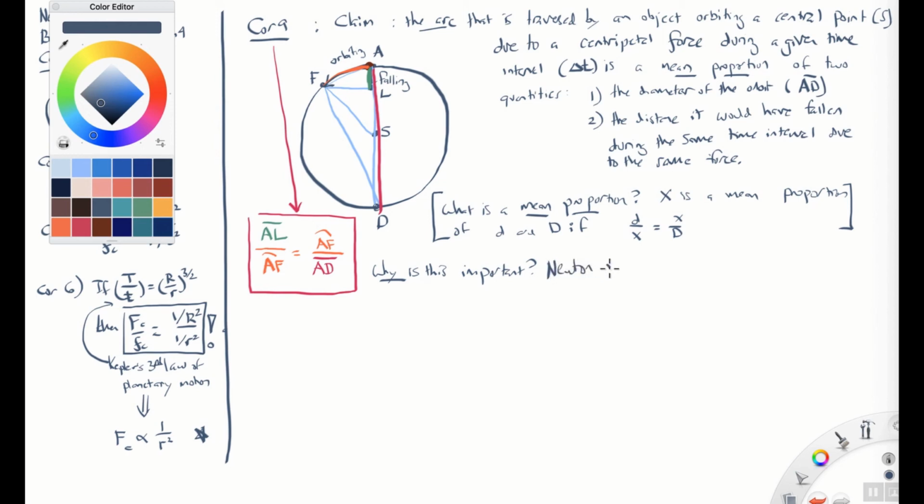So Newton is going to claim that the exact same force, and he's going to say it's the gravitational force, that causes the moon to stay in its orbit.